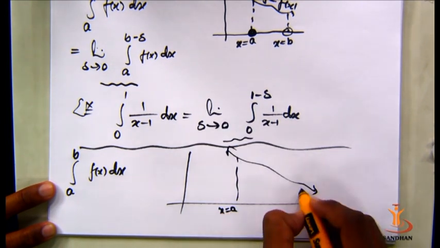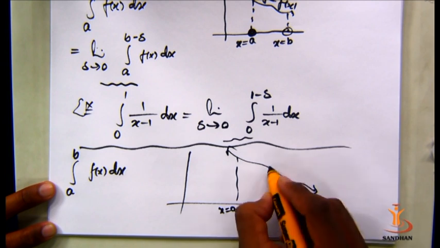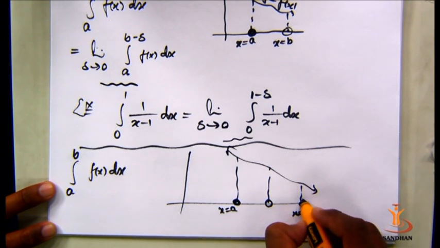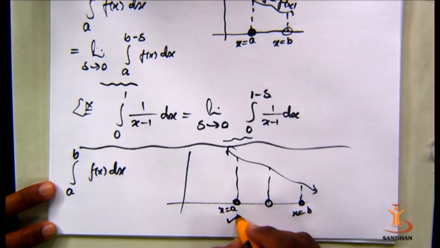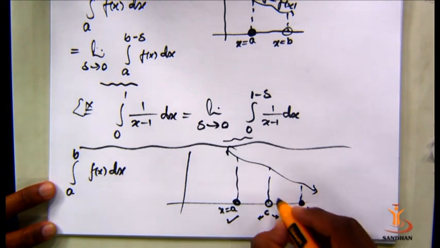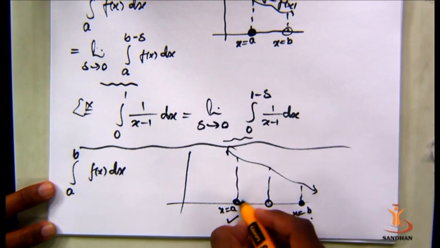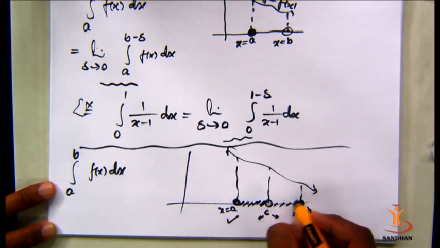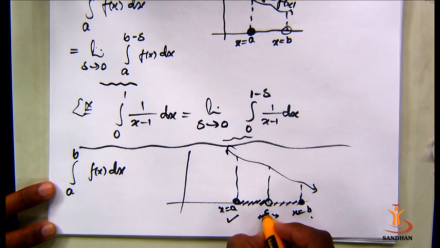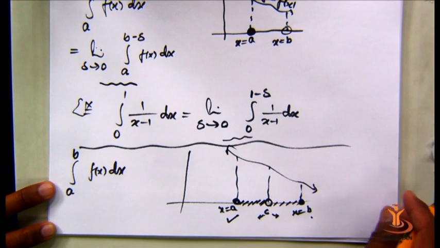Say x equals a, x equals b, and say this is x equals c, where the function is not defined. Consider a to c minus something and c plus something to b, because at a and b the function is well defined. At c the function was not defined. That does mean a to c minus something, and c plus something to b.